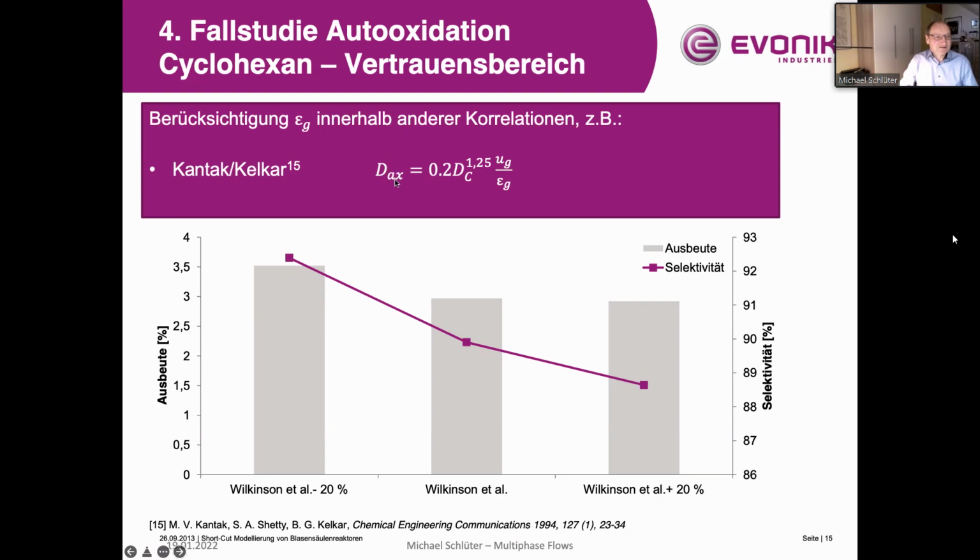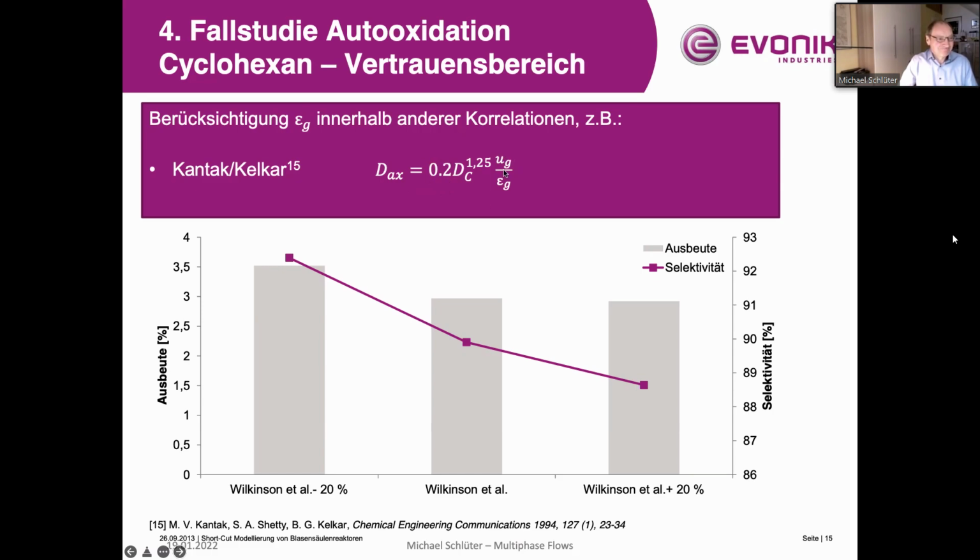You might remember the axial dispersion coefficient is the coefficient that says how strongly the bubbles are distributed in the column, and how strongly the column is mixed in the axial direction. The axial dispersion coefficient is very low if we have more or less a plug flow reactor, and if it's well mixed, then we have a very high axial dispersion coefficient. And this can be estimated here with this correlation.